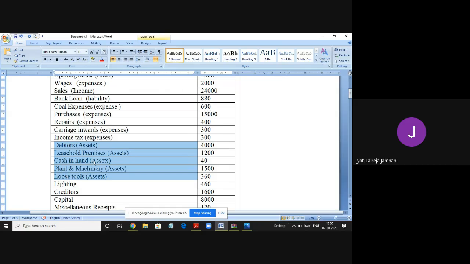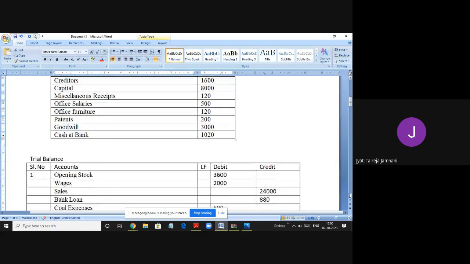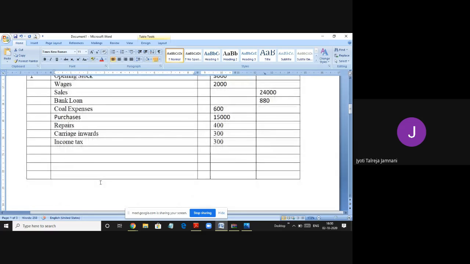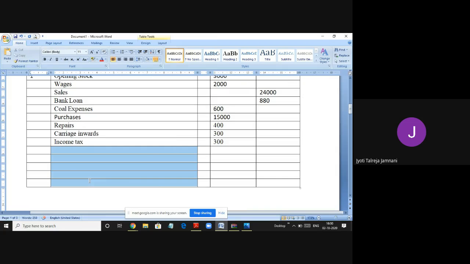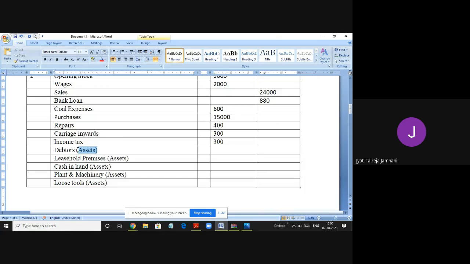So all these five will go on the debit side of the trial balance. So you record all the five and take them on the debit side of the trial balance.